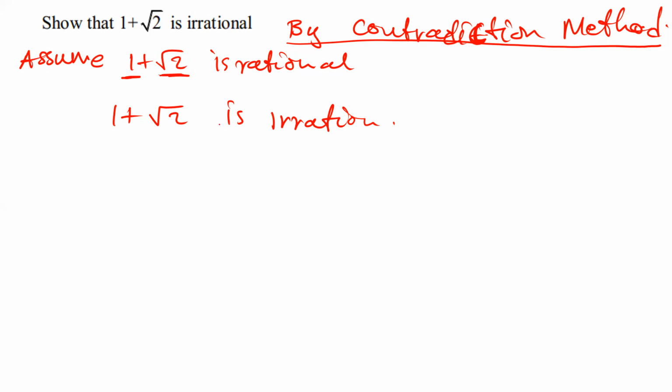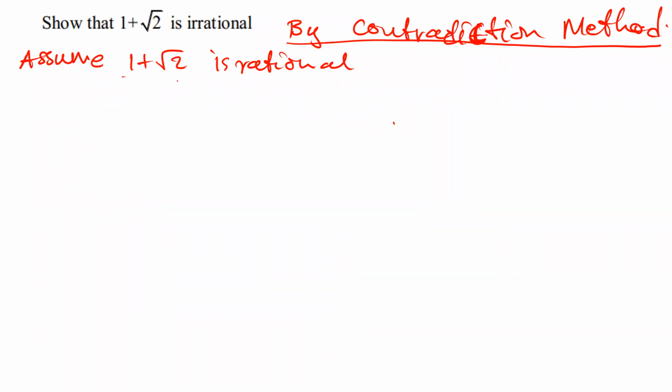Gives you an irrational number. Hence, 1 plus the root of 2 is what? Is irrational. That's what I mean. Yeah, so let's go by the method that I'm teaching you. Using that method, we can also prove that 1 plus the root of 2 is irrational.